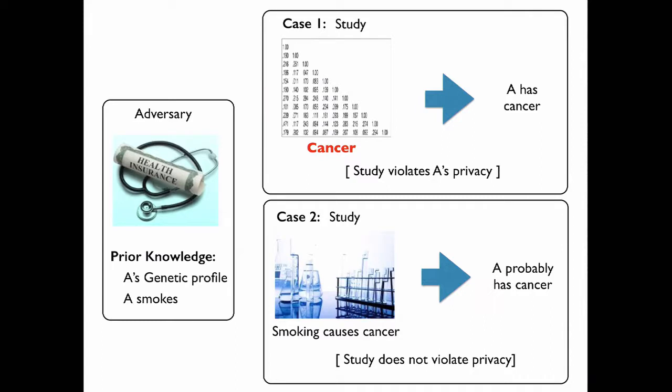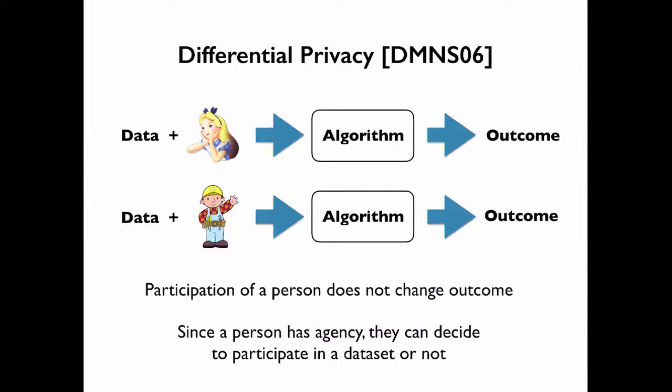This, however, is not a violation of Alice's privacy in terms of the study, because even if Alice was not in the study, the adversary would have been able to conclude that she has cancer, okay? So this is not a violation, whereas the first one is a violation, right? So this is the kind of privacy that differential privacy provides, okay?